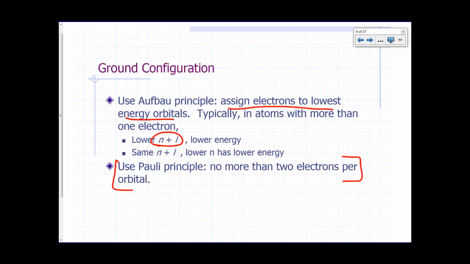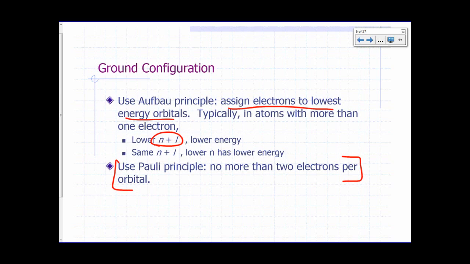If you put electrons in orbitals with lower n plus L, you attain a lower energy for the atom, typically. Okay, so for a typical atom, the sequence of filling the orbitals follows n plus L.